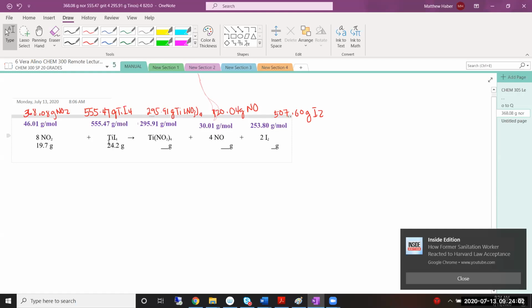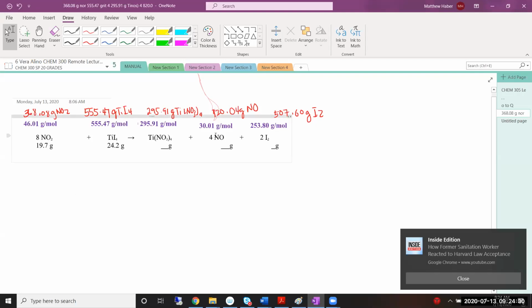So here, this reaction or this recipe calls for 1 mole of the second reactant. So a mole of the second reactant weighs 555.47 grams. It will produce the products 1 mole of titanium 4 nitrate. And since a mole weighs 295.91 grams, then that means the weight of the product formed must be 295.91 grams as well.